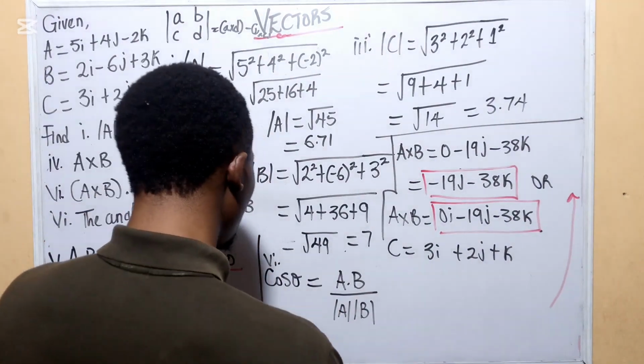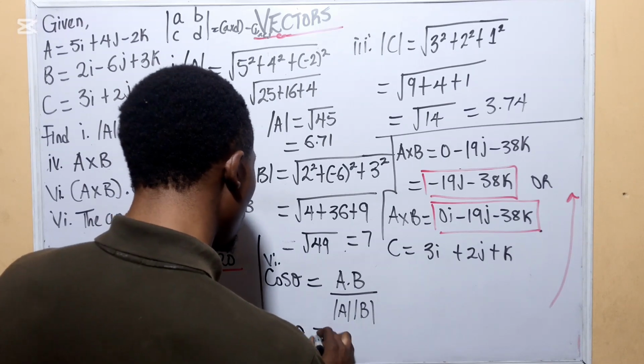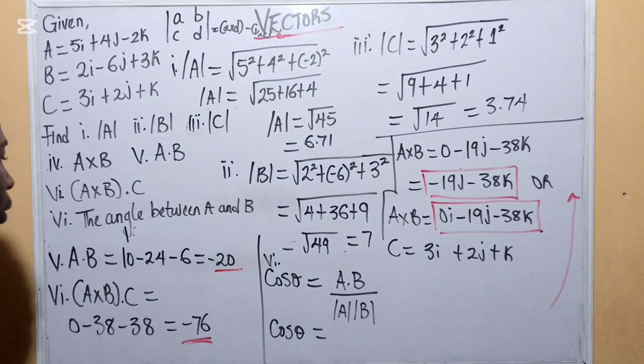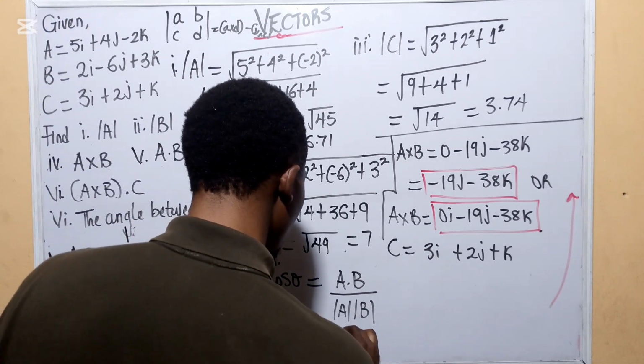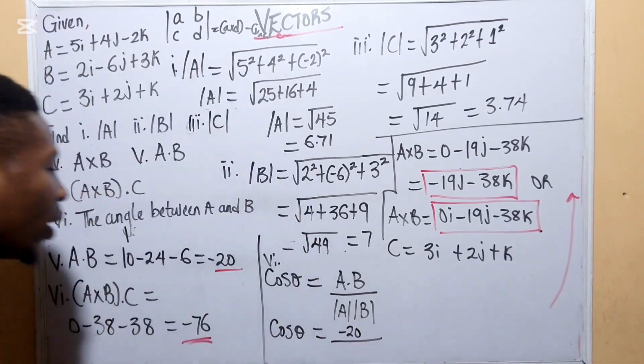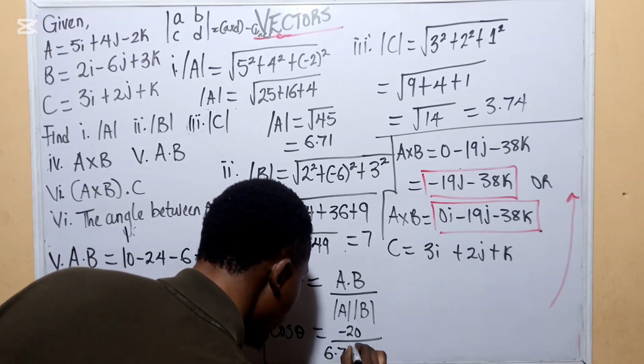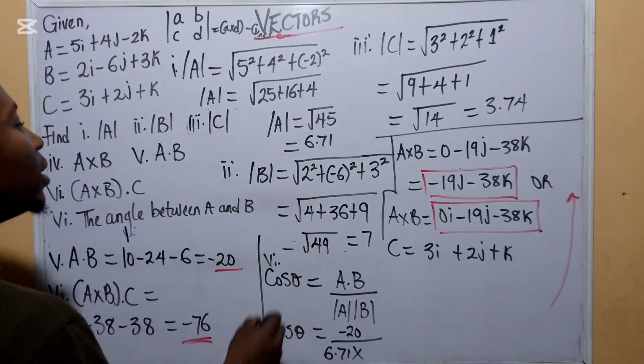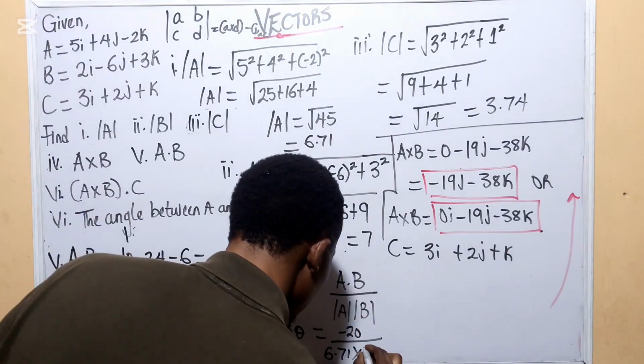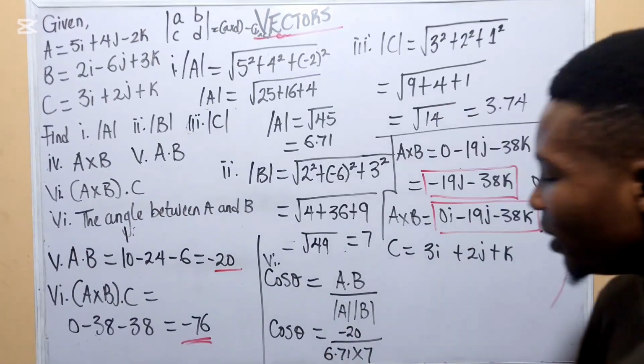So cos theta is equal to A dot B. Now, when we did A dot B, what did we get? We got minus 20. So this is going to be minus 20 over, now magnitude of A is 6.71 multiplied by magnitude of B, which is 7.